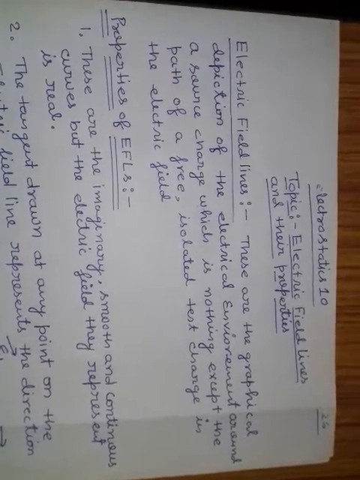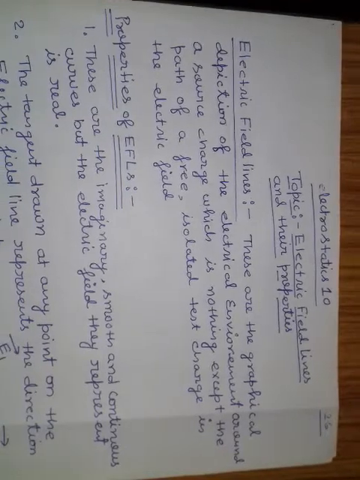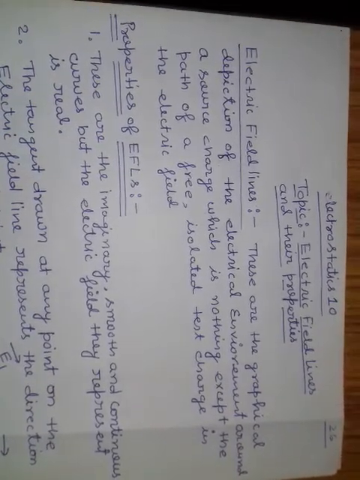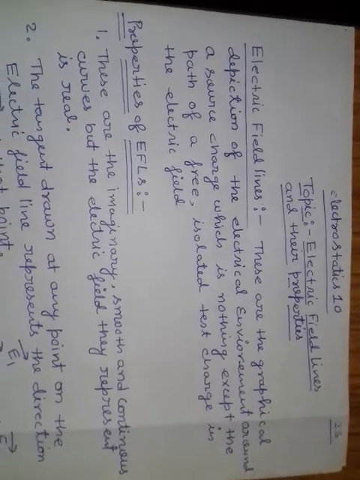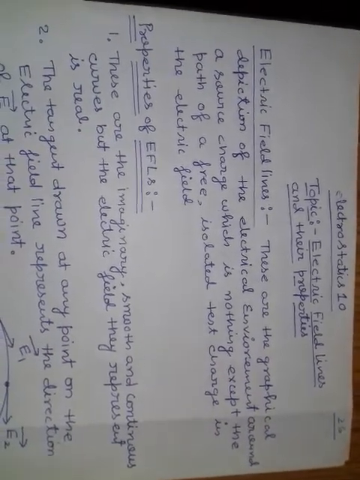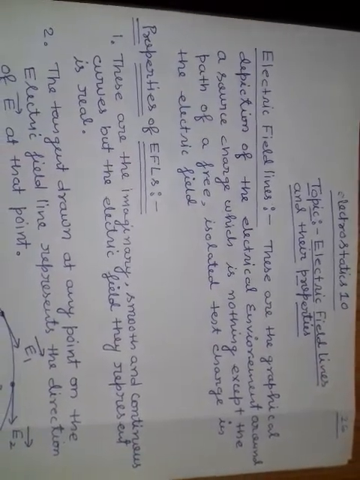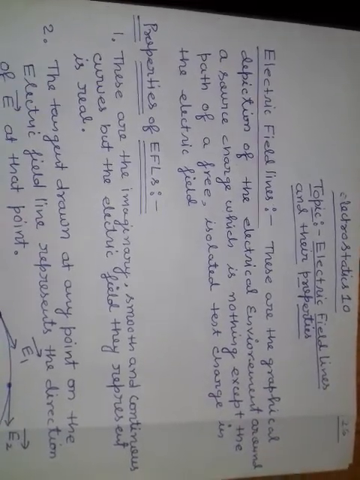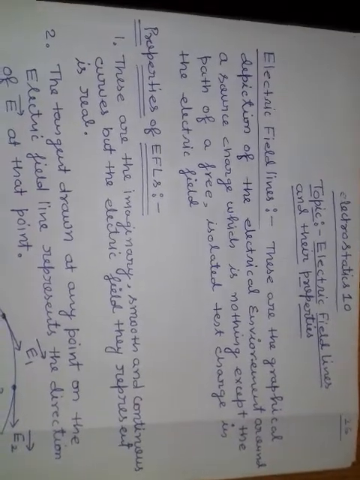Now, in the series of Electrostatics 10, today's topic of discussion is electric field lines and their properties. As I told you earlier, there are three modes of representation of the electrical environment around a source charge.